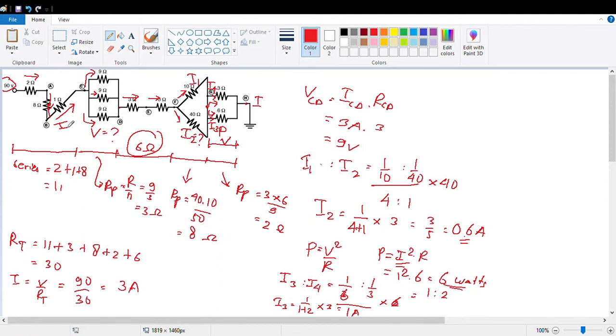So the energy is V I t, because in joule, right? We don't know the V in here, right? So I use I square times R times T. The I is the I total, right? So 3 square times the R is 1, right? Times T, don't forget T, you have to change into seconds.